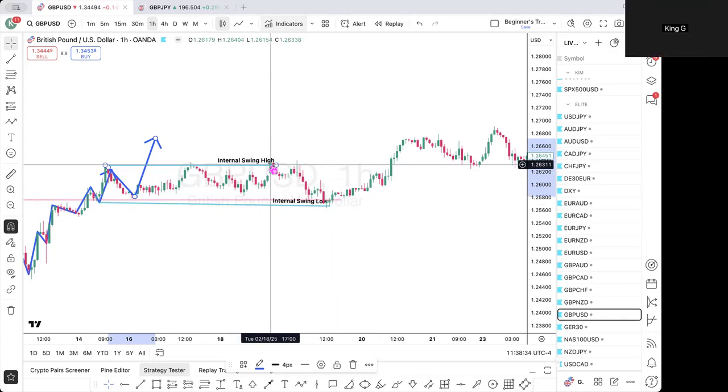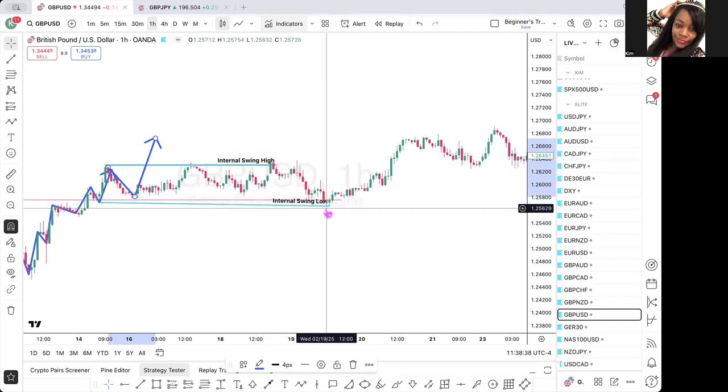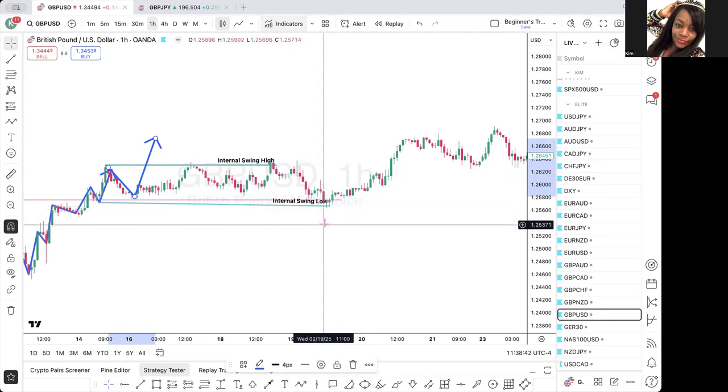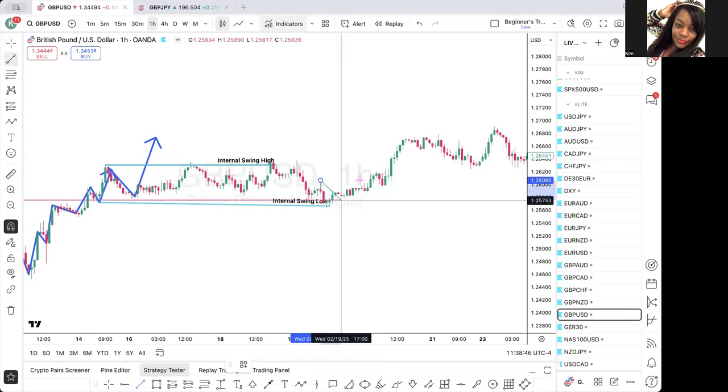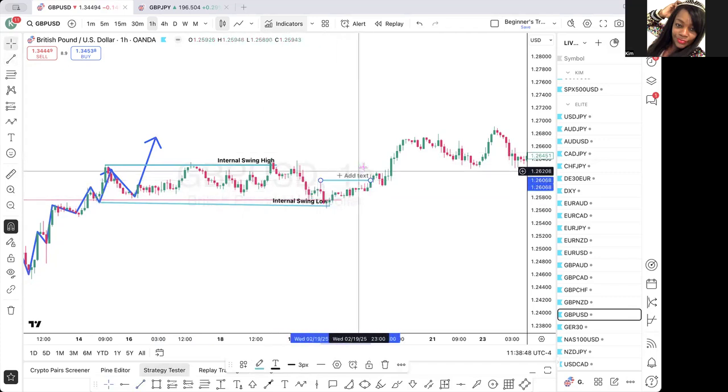No. Okay, so once price pulled back, it swept that internal swing low. And then what did it do? You had your break here. Price pulled back.